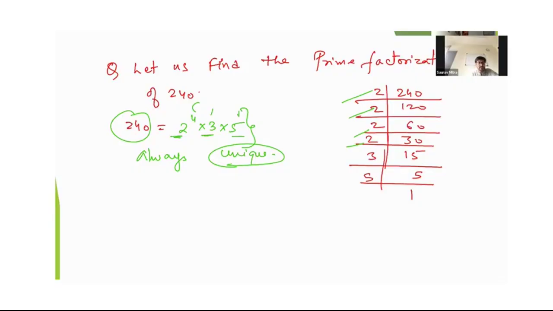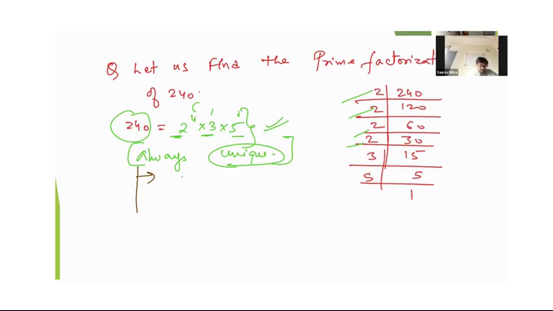There is no modification other than this. So this is the prime factorization of 240, and by the Fundamental Theorem of Arithmetic, it is always unique. That means uniqueness.